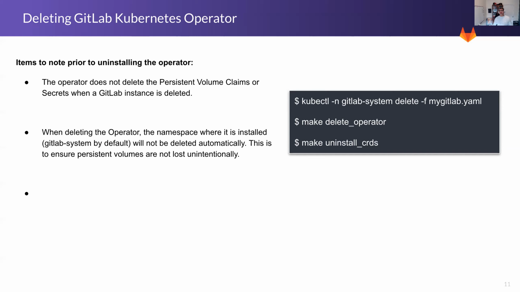You don't want to delete the object and delete the data. That data will be there. As I said in the second point, it does not delete the namespace as well.